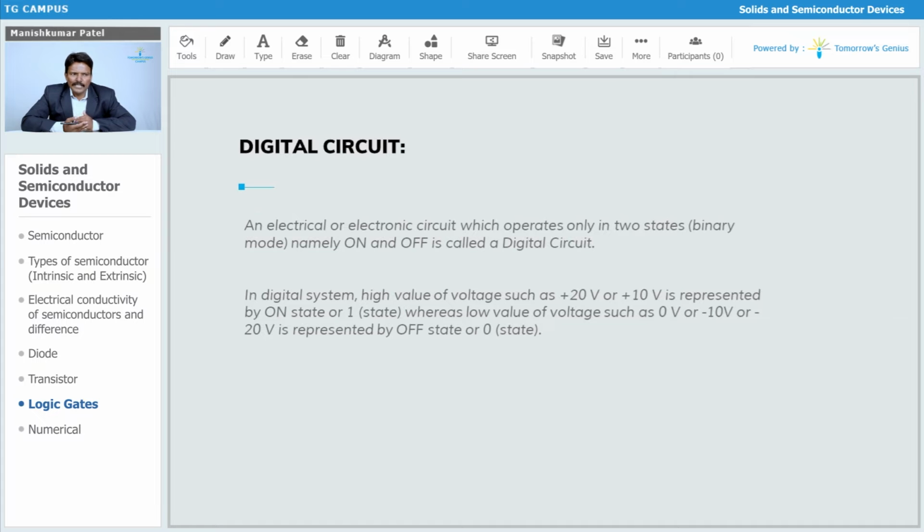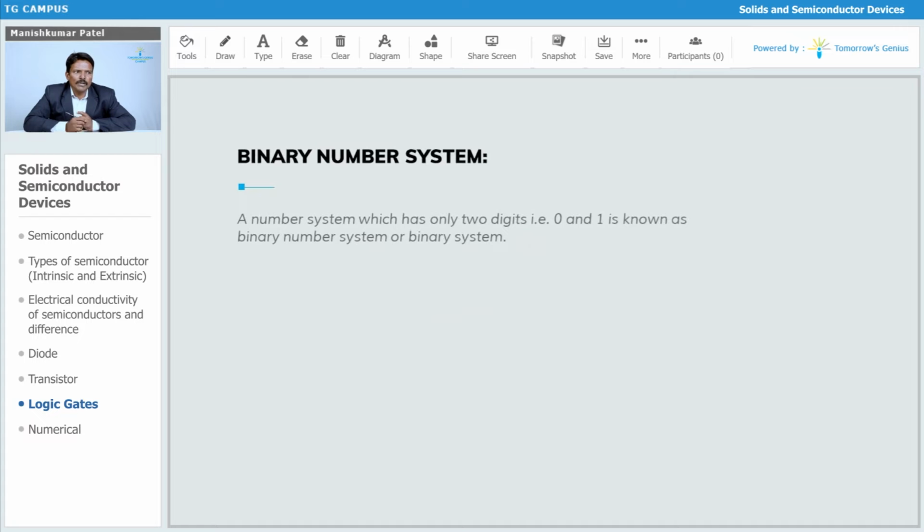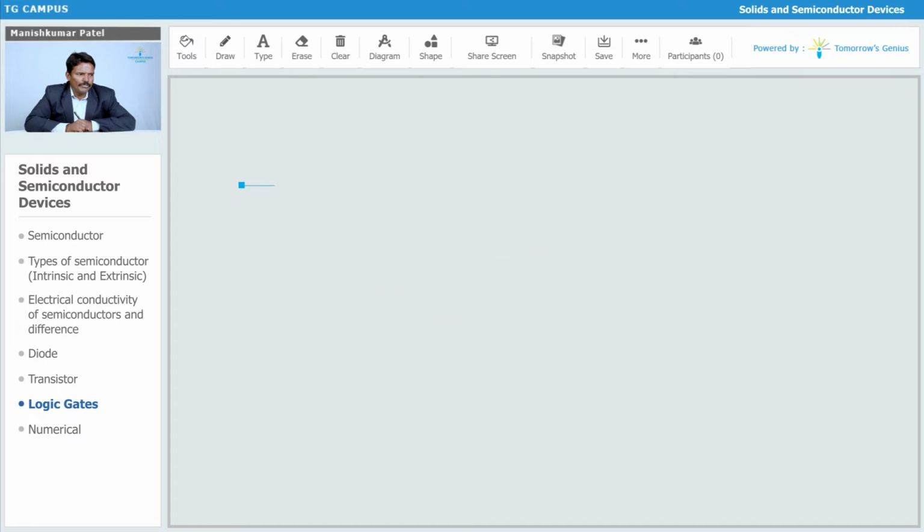Either logic 0, 0 volt, and logic 1, 5 volt, but it is not necessary to take those two values; you can define any other values also. This is called the binary number system, which has only two digits, 0 and 1, where on and off are represented by digit 1 and digit 0 respectively.